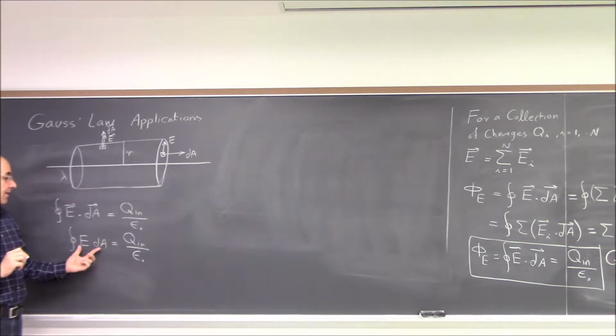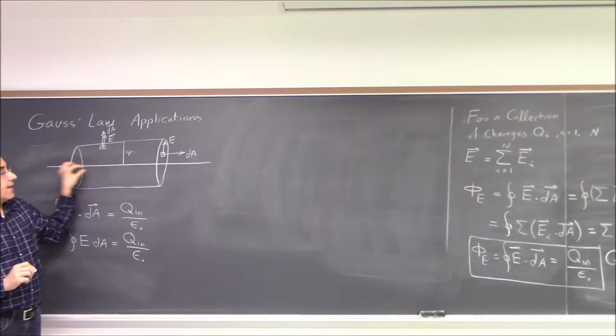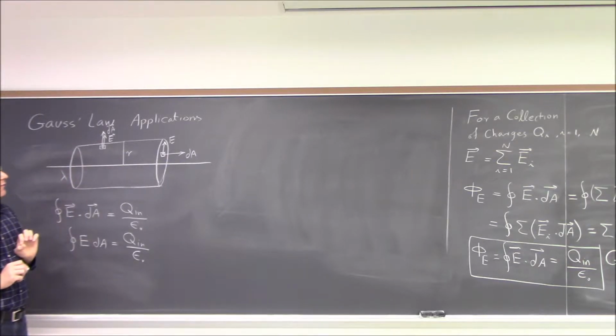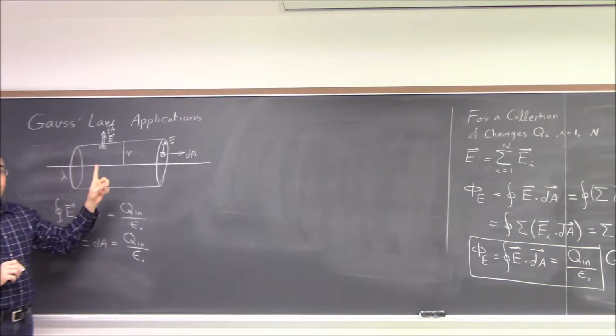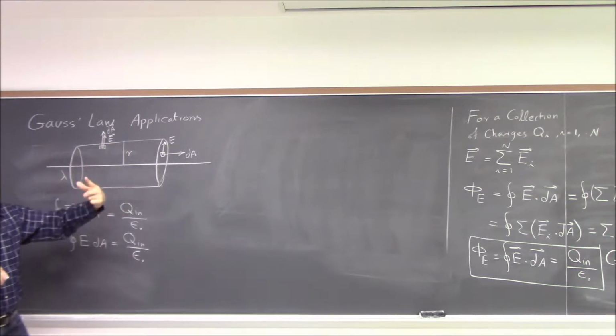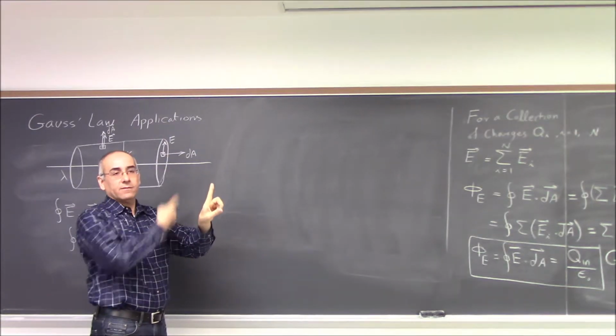Okay. Now also we know that if it's a cylinder of certain radius coaxial with the line of charge, the electric field on the surface is the same everywhere, isn't it? Because there's no distinction between one point and the other. They're all the same.